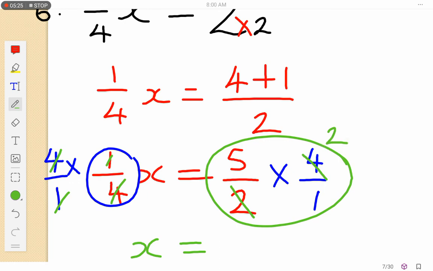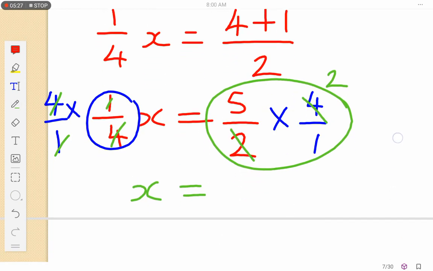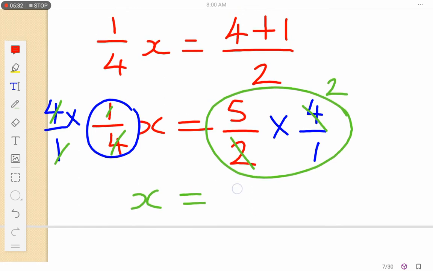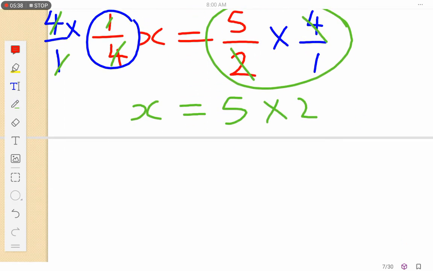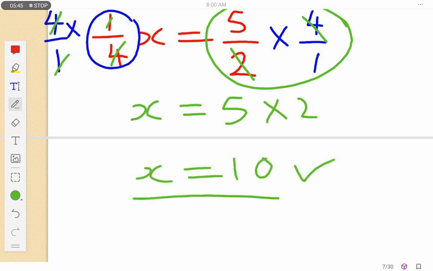I'll get 2. So I'm now having 5 times 2 over 1. Okay, so when I have that, it's the same as 5 times 2 only. So I have my x is equal to 10. So this is how we do it. Our x value there is a 10.